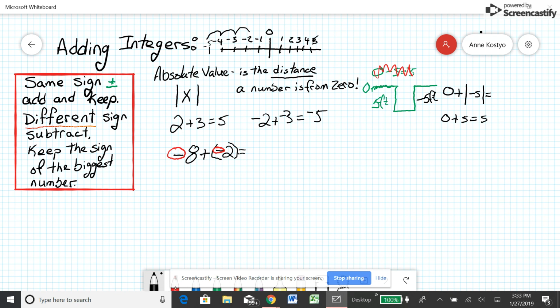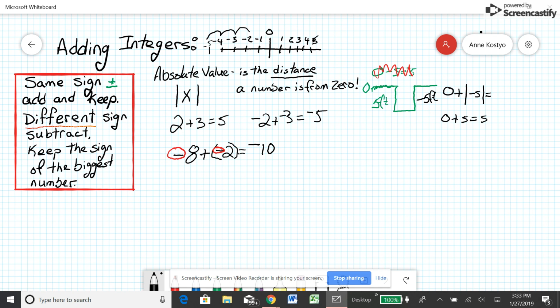Well, I know both have negative signs. So I am going to add and keep the sign. So I know my sign will be negative, and now all I have to do is add my numbers. And 8 plus 2 is 10. All right, that's pretty simple.